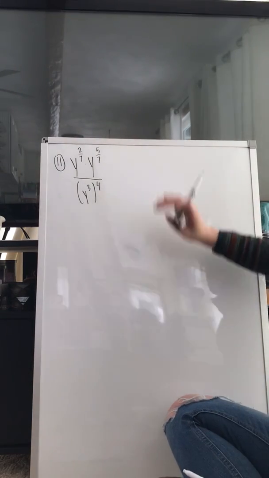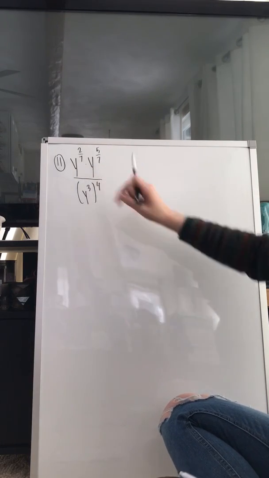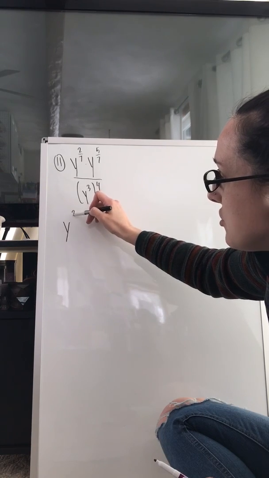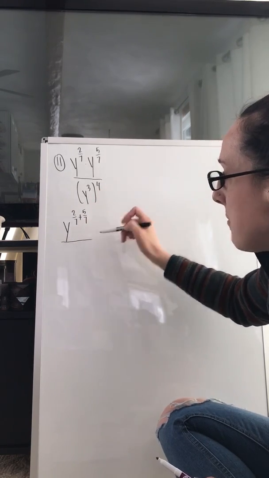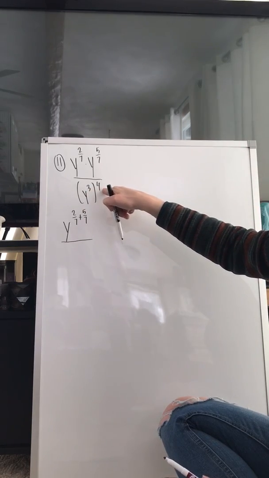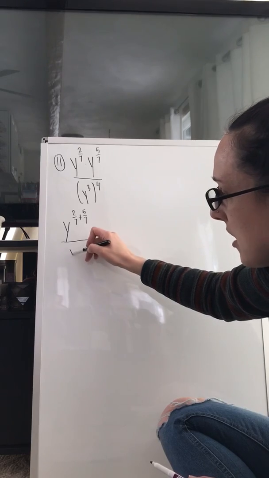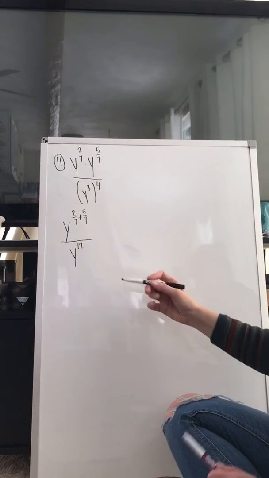So definitely have a couple things going on here. I'm going to work in my numerator first. So same base of y, I can add my exponents together. So that's going to give me y to the 2/7 plus 5/7 divided by, and here I've got a power to a power, so I want to multiply these. Be careful, I know some people want to add them together, but this is going to become y to the 12th.